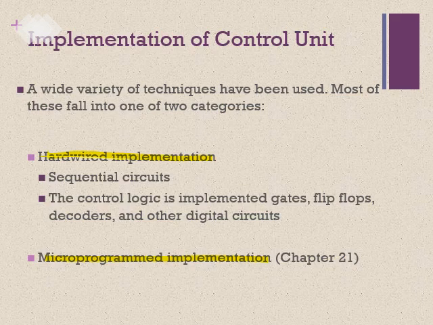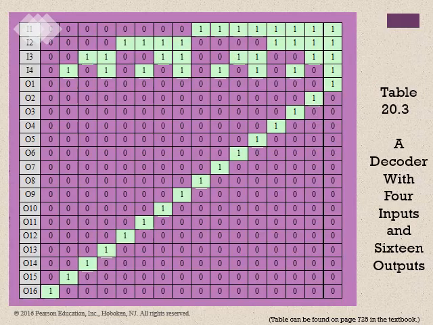In a hardwired implementation, the control unit is essentially a state machine circuit. Its input logic signals are transformed into a set of output logic signals, which are the control signals. So we're going to see this approach in this section. This looks familiar. Yep, this is a decoder.